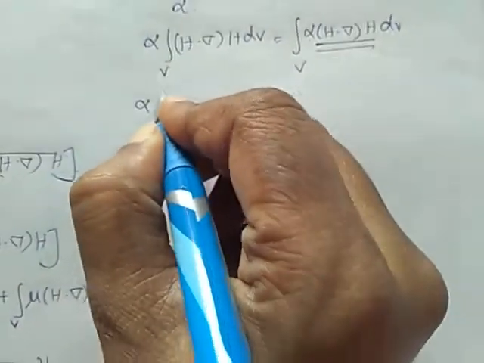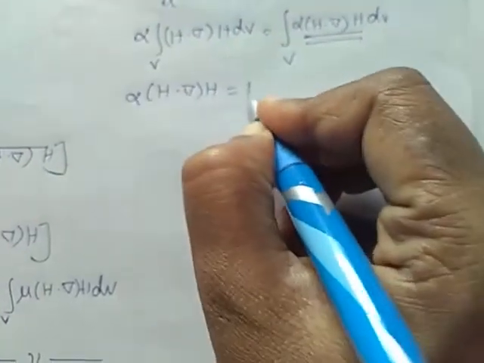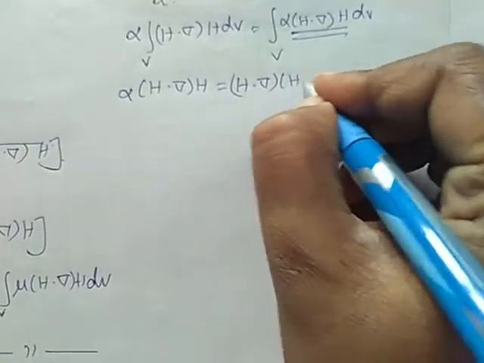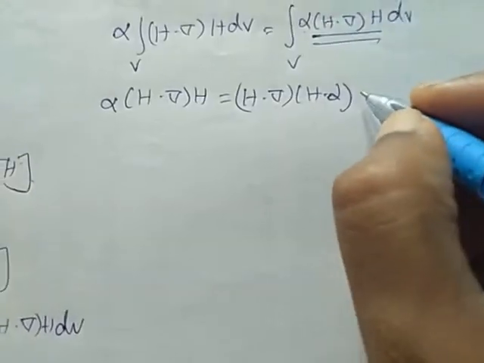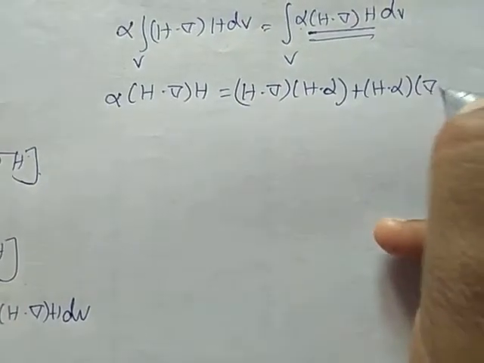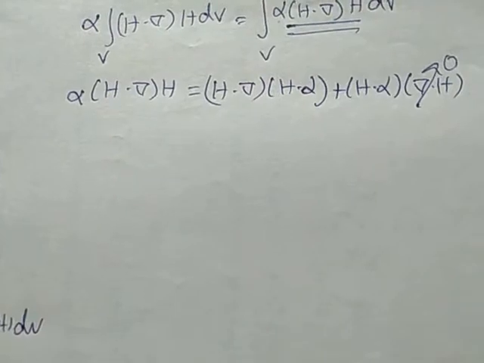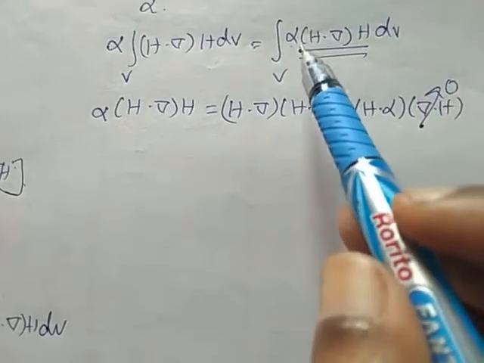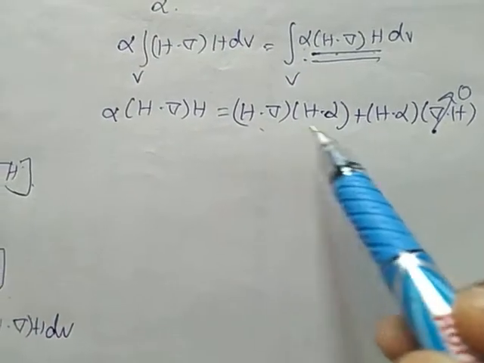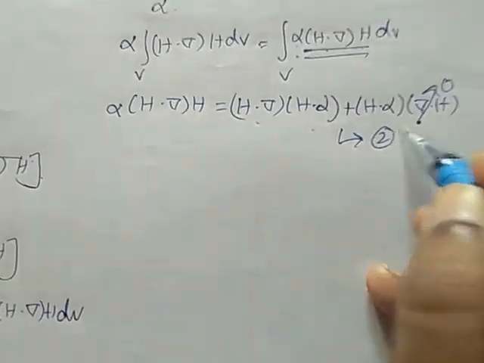H dot del of H alpha is equal to H dot del of H times alpha plus H alpha into del dot H. Again, del dot H is 0 because of the solenoidal property. Therefore alpha of H dot del H is nothing but H dot del of H alpha. I'll take this as equation 2.